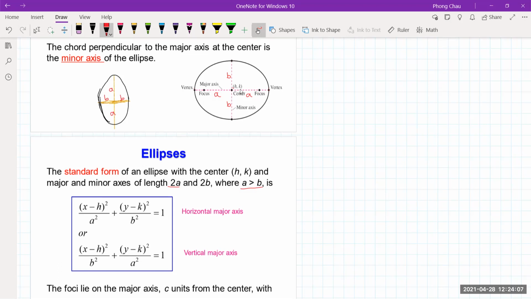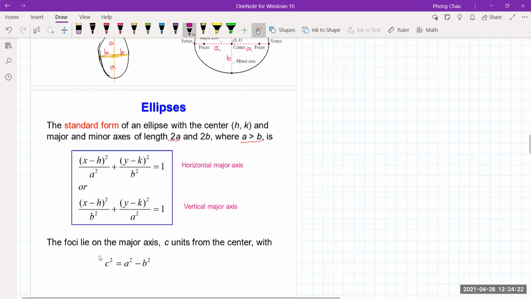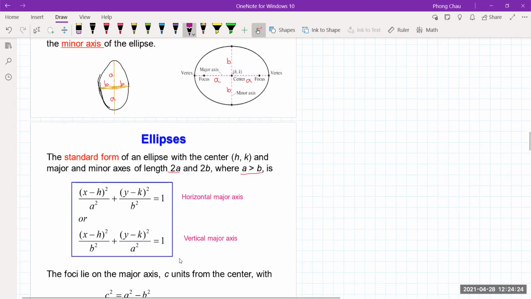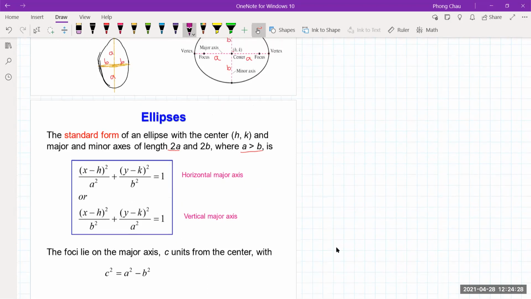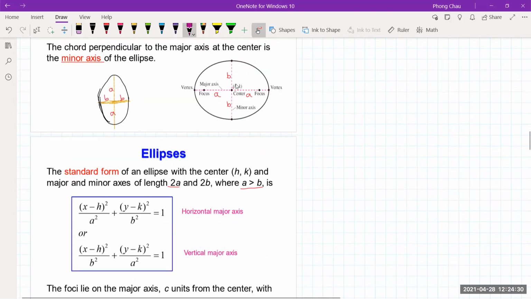Now, in this diagram here, the focus is right there, on the major axis. The focus, or the two foci, lie on the major axis, c units from the center. So that means the distance from the center to the focus, I call this c.